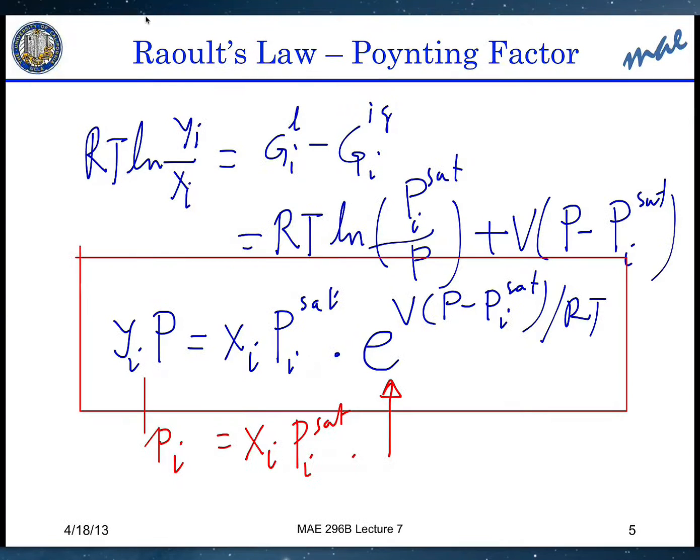What we have here is the idea that the partial molar fractions are controlled by the equality of the partial pressures of each species in the vapor phase to the corresponding product of the molar fraction times the saturation pressure times this Poynting factor, that you will have to evaluate for each species.